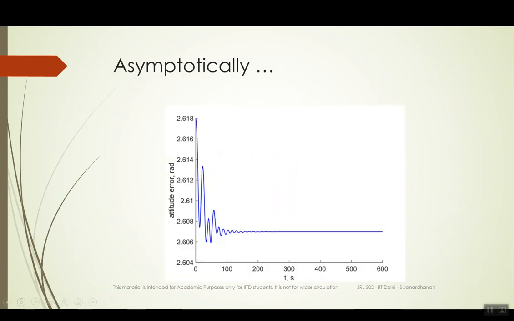Okay, now let's go further. This is what we mean by the terminology asymptotically, that is, as the time tends to infinity, the error tends to 0. Here it stabilizes, so the response goes to some steady state value as error tends to 0, and that is what I mean by using the terminology of asymptotically.